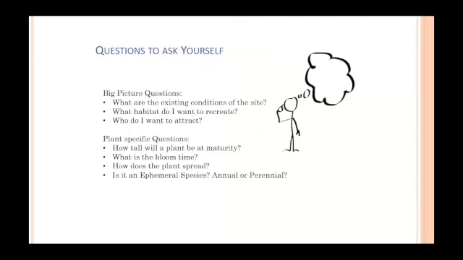All those things will be solved by using native plants. Then you can start looking into more specifics to select those native plants by thinking about their height at maturity, which usually takes about 2 to 3 years to get there. When do they bloom? How do they spread? This is a really important one, especially if you have a small urban property and you want to keep things a little bit tighter and neater.